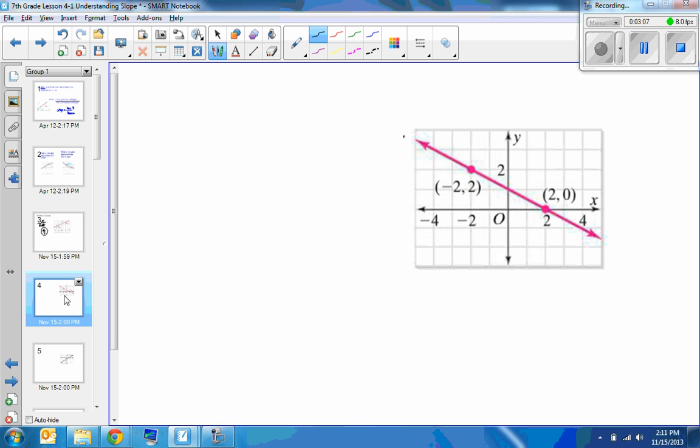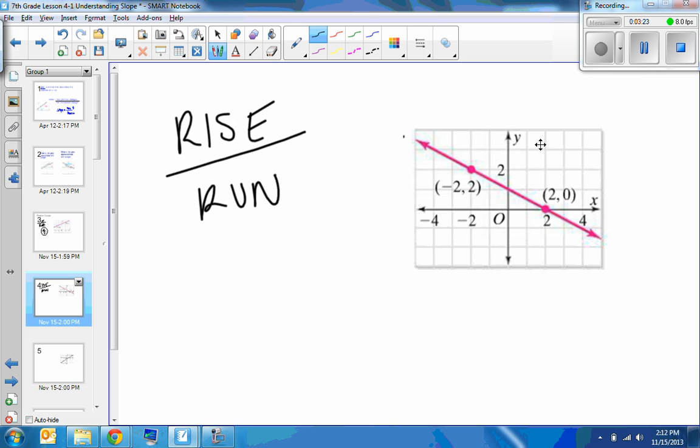So let's look at another one. I have (-2, 2) and (2, 0). I should notice right away that this line is going downwards, so I should have a negative answer. Again, my formula, rise over run. I have to get up before I can run. So I'm going to go up 1, 2. Since I went up, it's a +2.